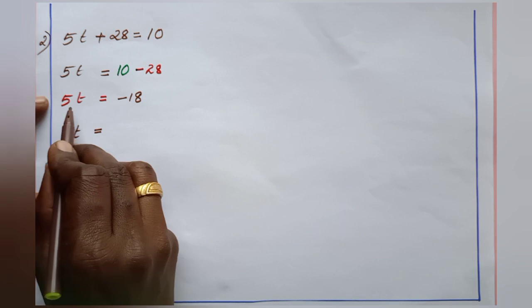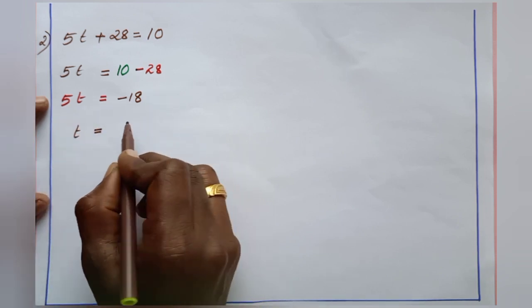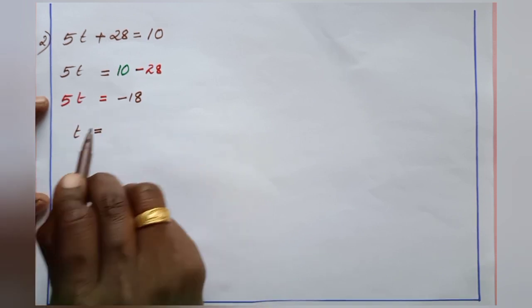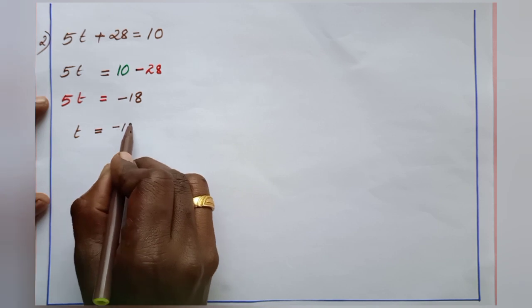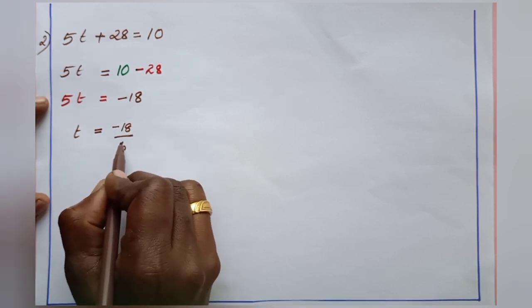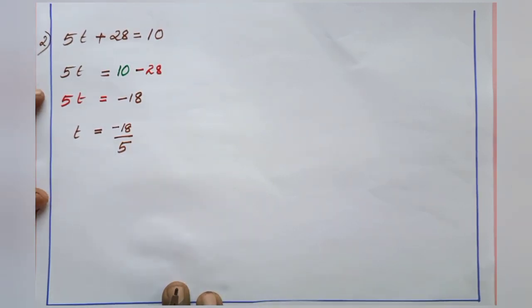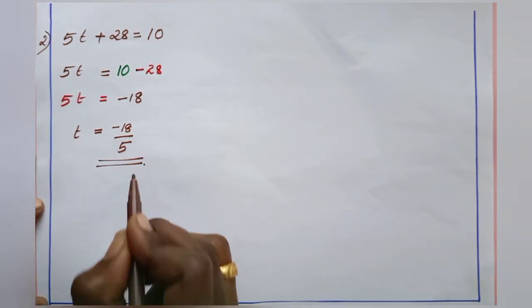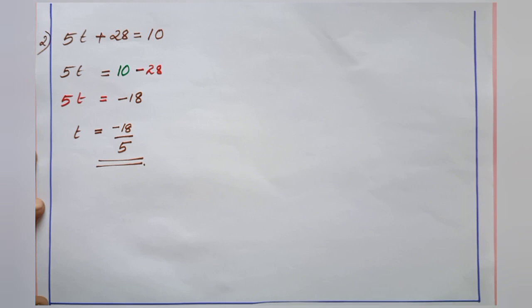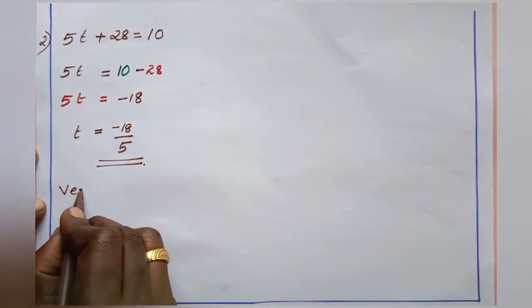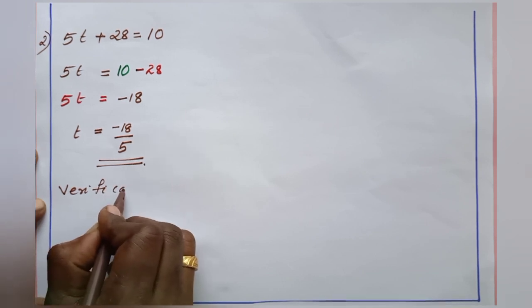So multiplication on the left side becomes division on the right side. So t equal to minus 18 by 5. To know whether this solution is correct or wrong, you can verify. Verification, listen.